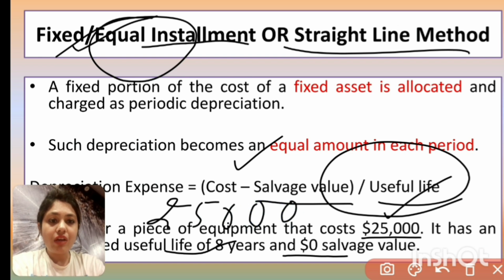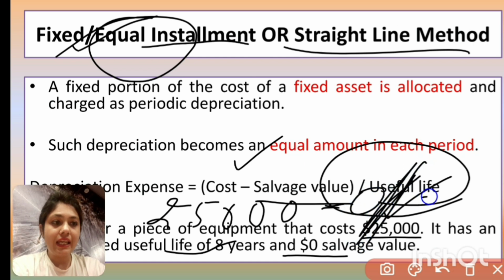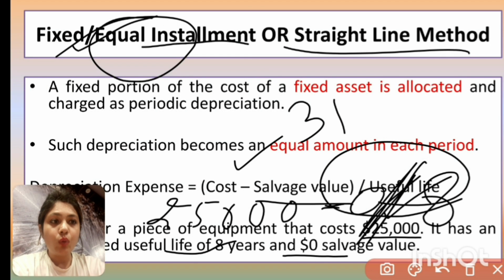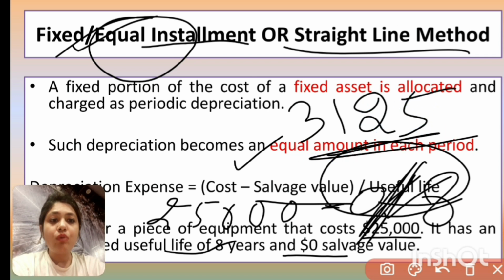What is the salvage value over here? 0. Minus 0, divided by the useful life, that is 8 years. Computing this, I get 3,125. So this is the amount of depreciation that I am going to charge, right?